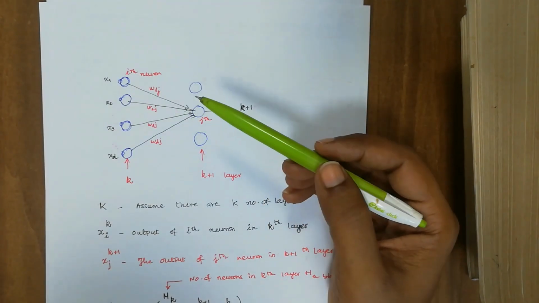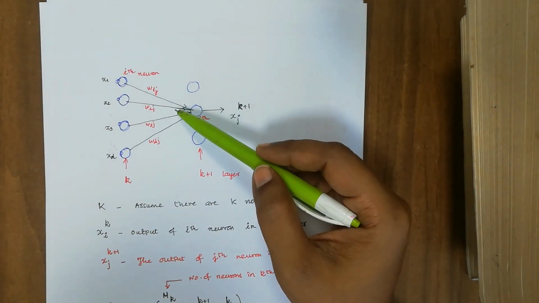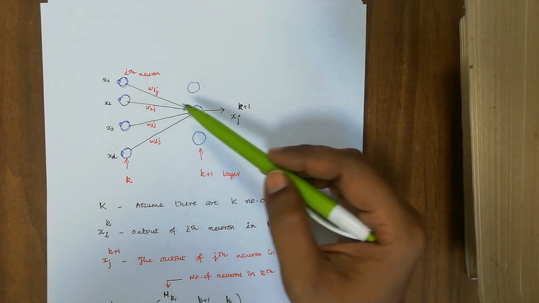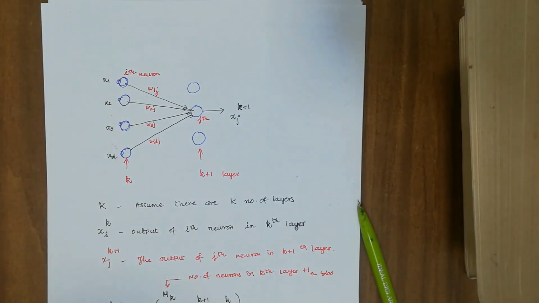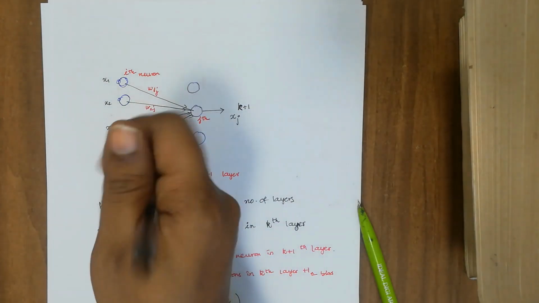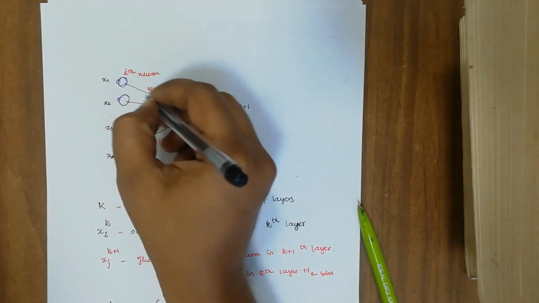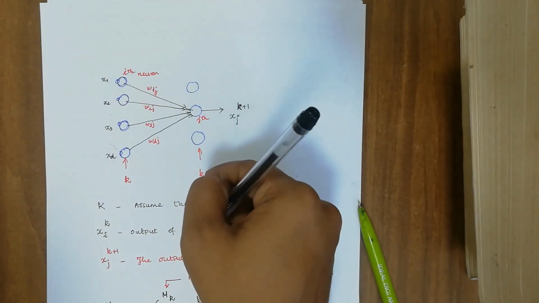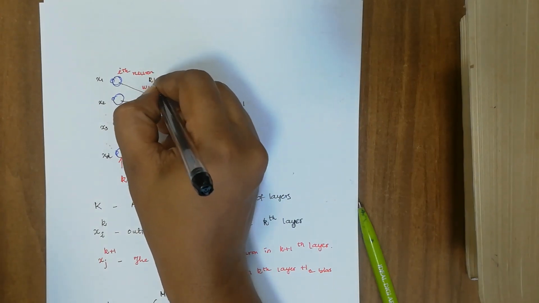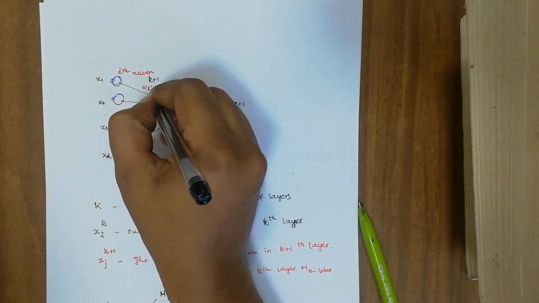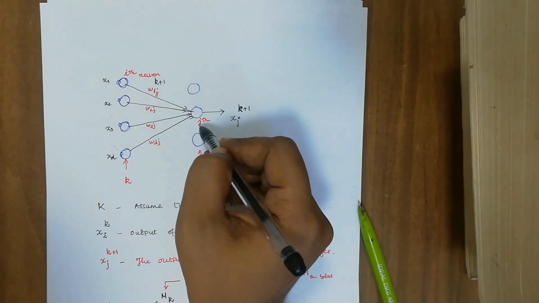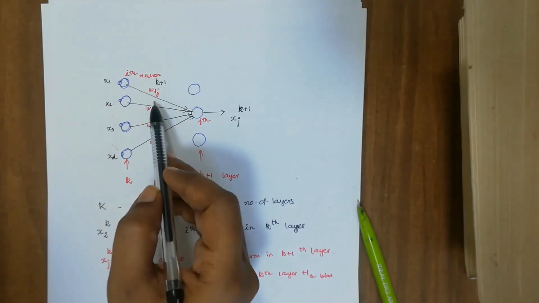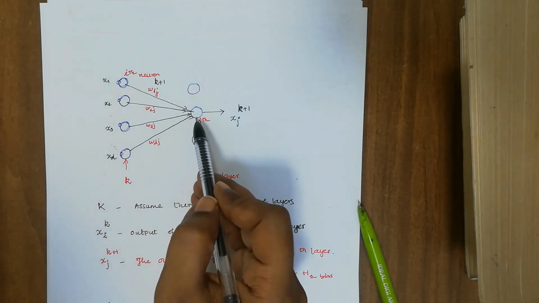Wij is the connection weight between the kth layer and the k plus 1th layer. For example, here we have not mentioned the superscript. Since it goes to the k plus 1th layer, I can write it as W1j, k plus 1. Similarly, W2j, k plus 1, because it is the weight connecting from k to the k plus 1th layer.